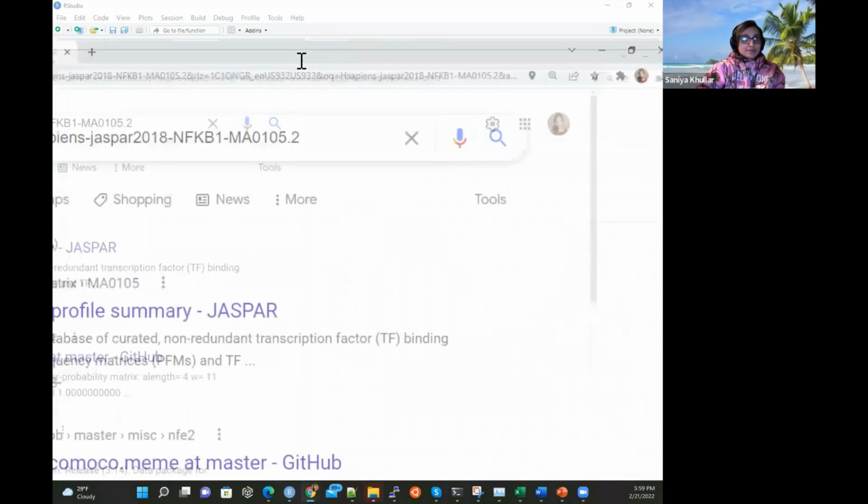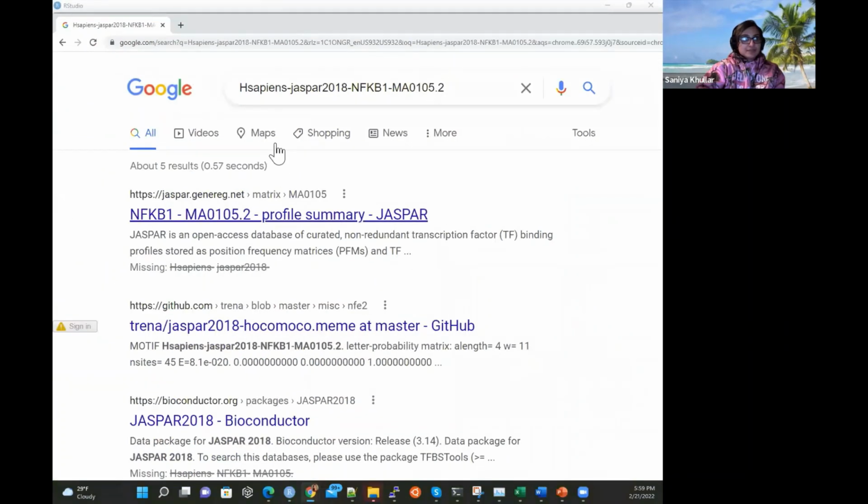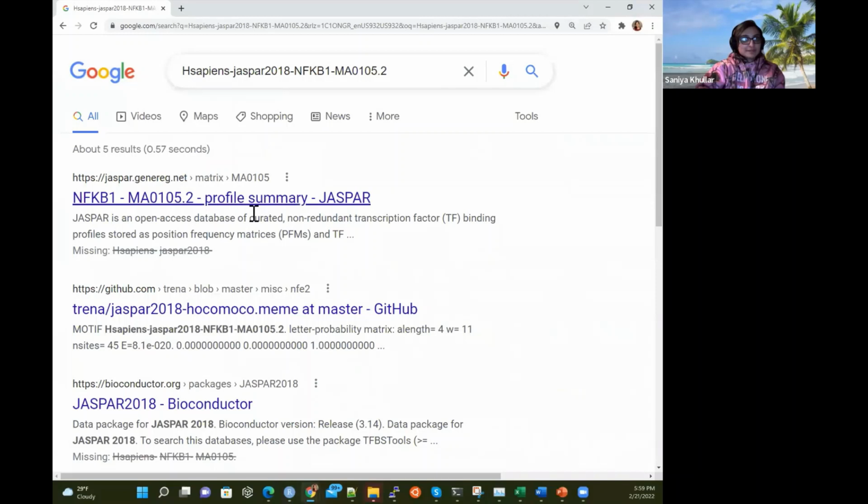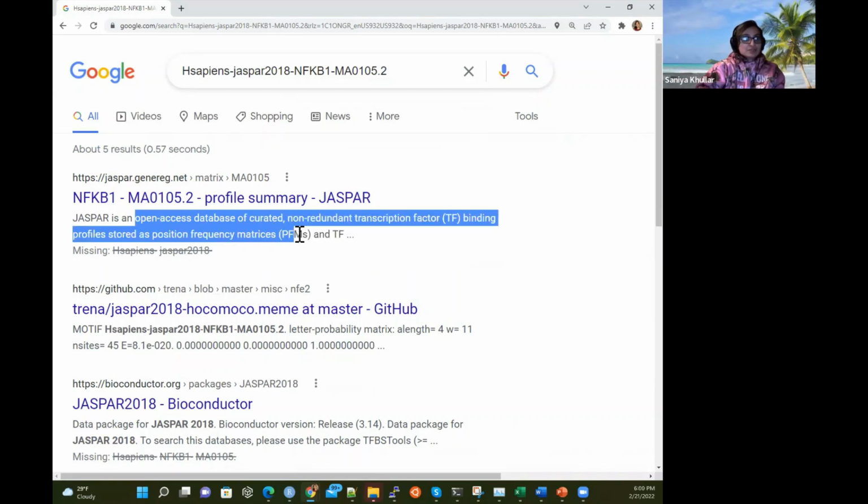And if I look up this ID that we were seeing there, Jaspar is an open access database of curated, non-redundant transcription factor binding profiles stored as position frequency matrices, PFMs.